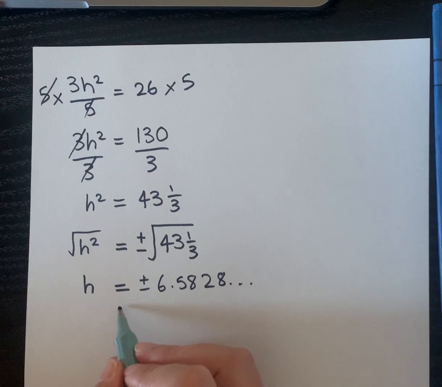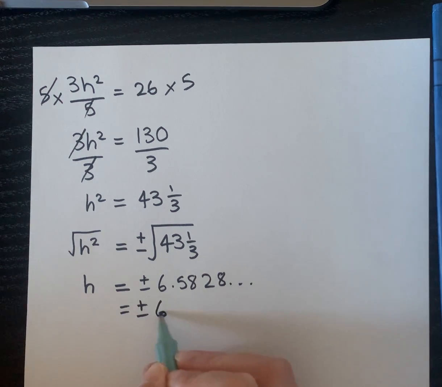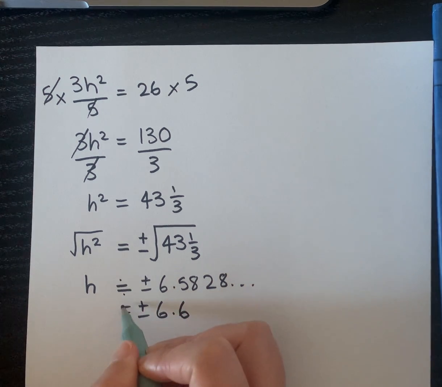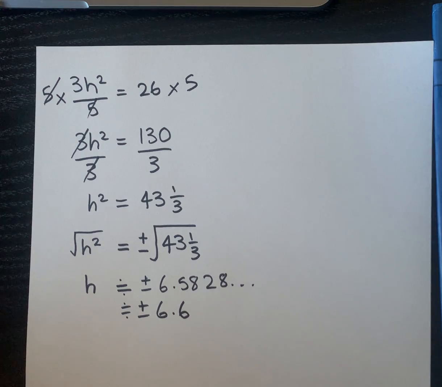Or they might ask you to round it to 1 decimal place or something like that. So you've got to pay attention to the question and see if they're asking you to leave it in exact or surd form like this, or if they want an approximation or a decimal answer like this. So this isn't exact, so you might even like to write approximately because it's approximately equal to that decimal.